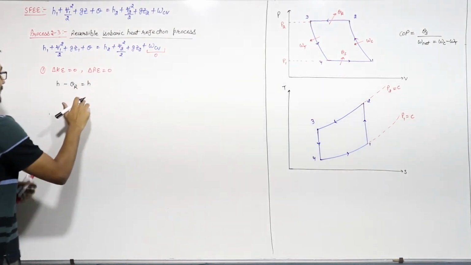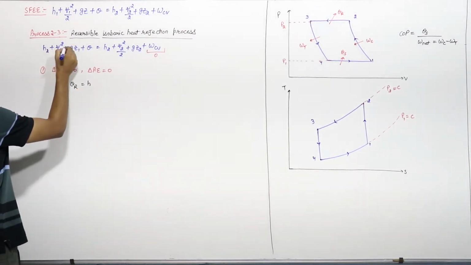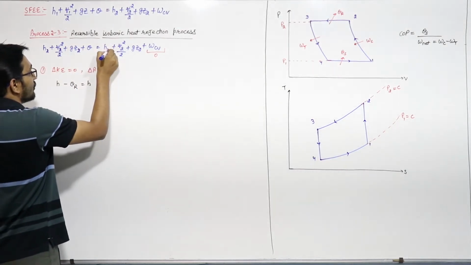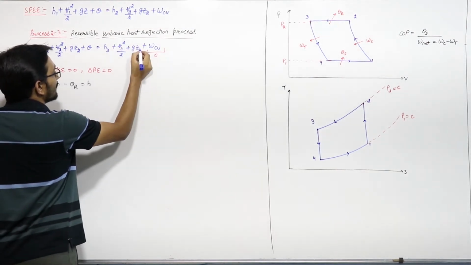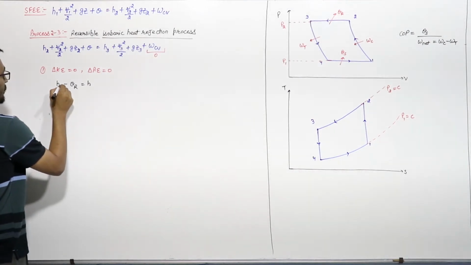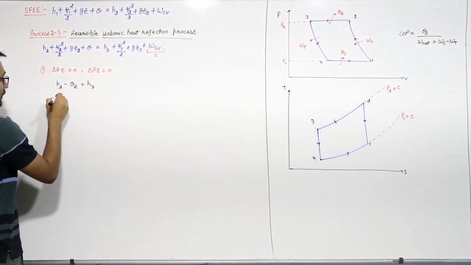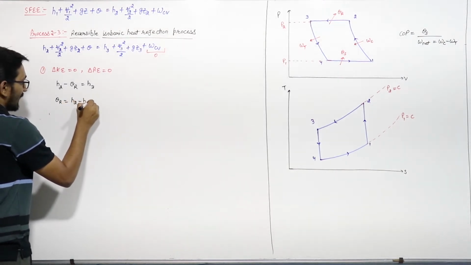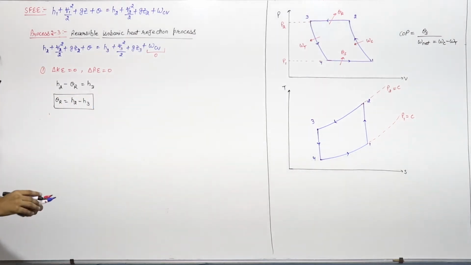If you are having some confusion, this will be H2 plus V2 square by 2 plus GZ2 is equal to H3 plus V3 square by 2 plus GZ3. So this will be H2 minus QR is equal to H3. So from here you can write QR will be equal to H2 minus H3.